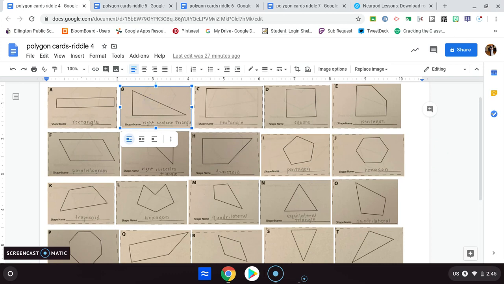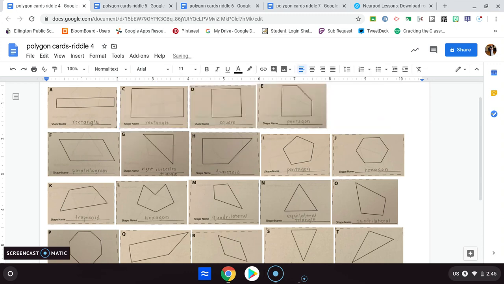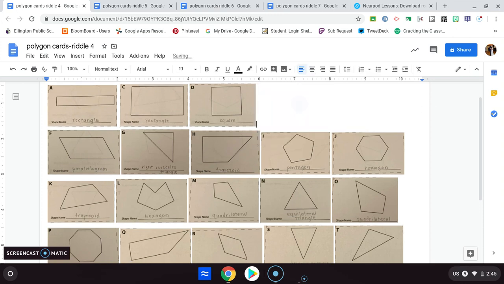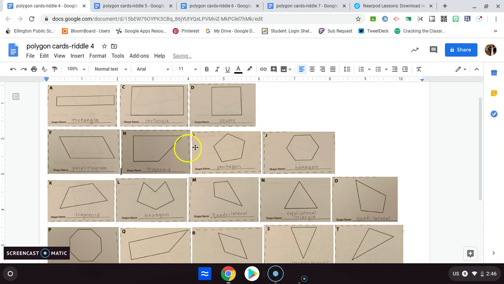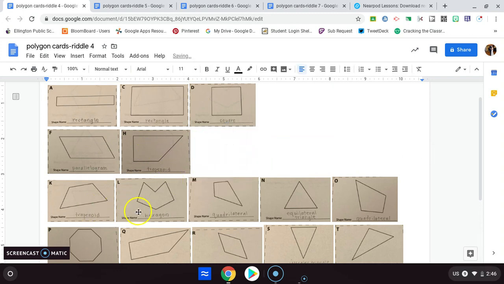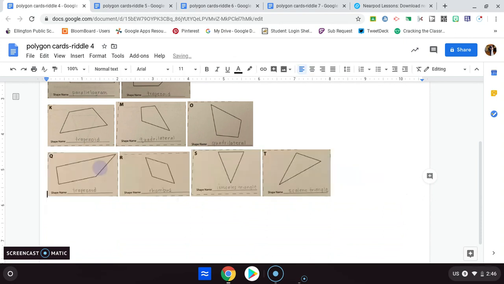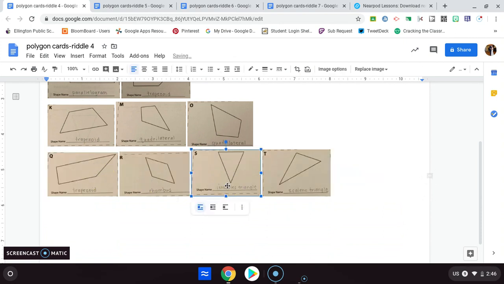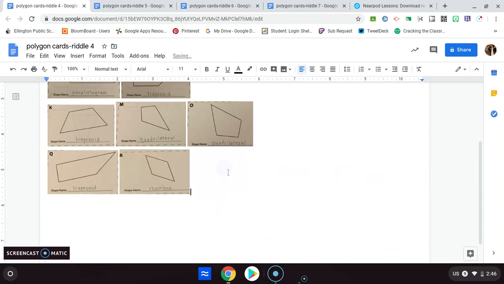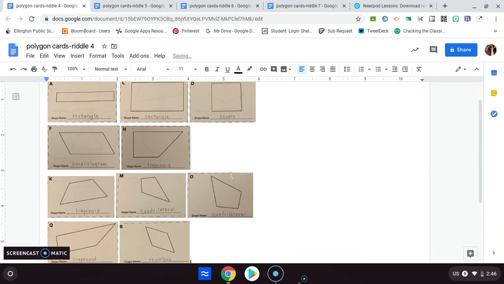So I'm going to delete my triangles, pentagons 5, hexagons 6, octagons 8, and triangles are out. So this is what we're left with.